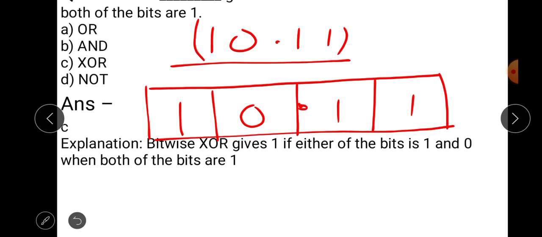So before the decimal point you multiply each bit by 2 power 0, 2 power 1, increasing powers of 2.